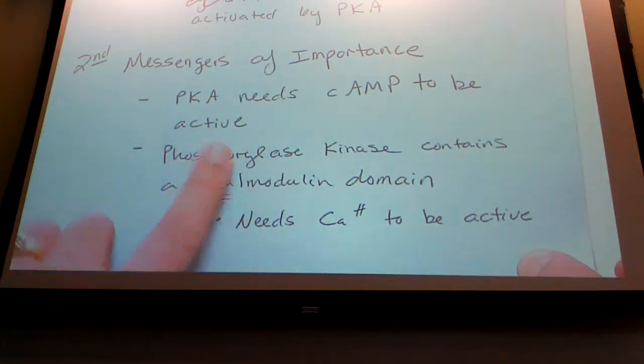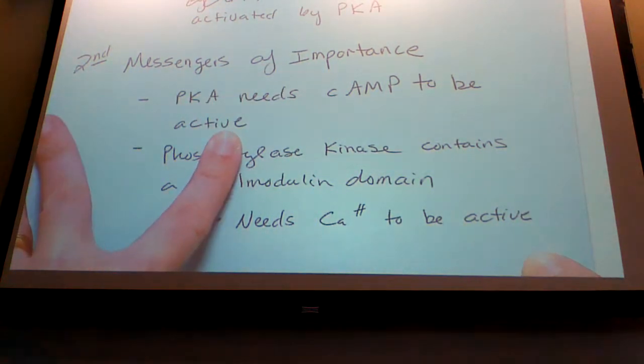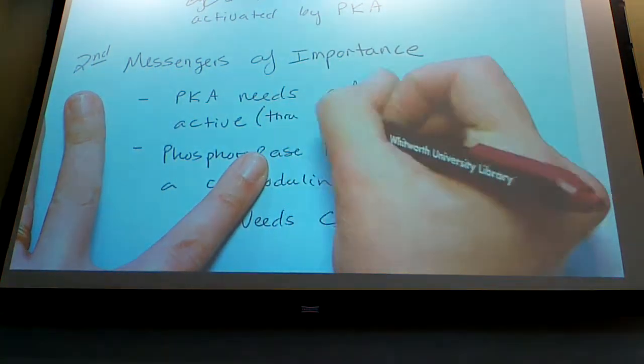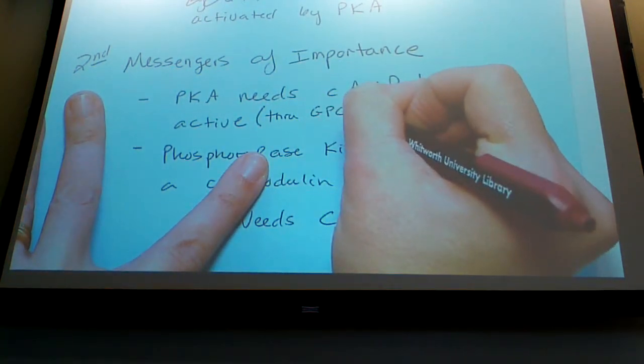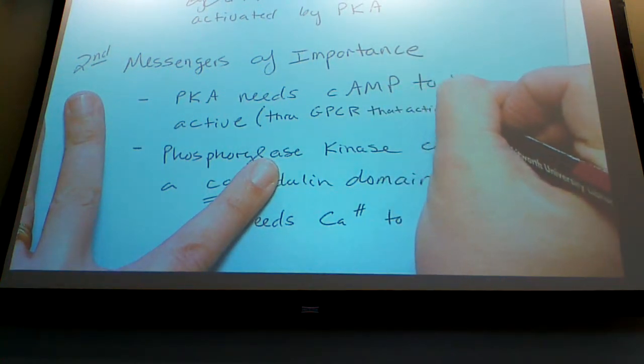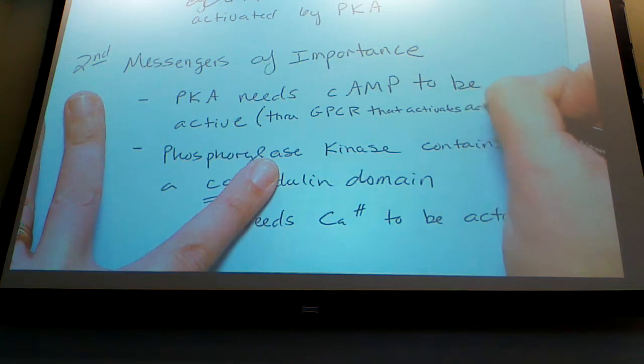Secondary messengers of importance: PKA needs cyclic AMP to be active, and this is through a G protein coupled receptor that activates adenylate cyclase.